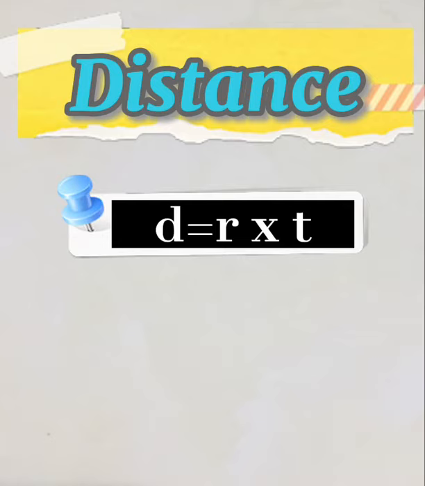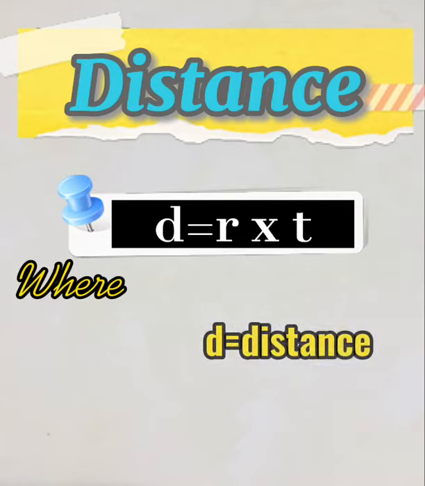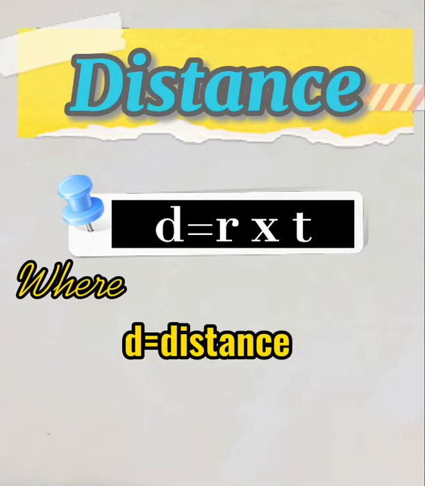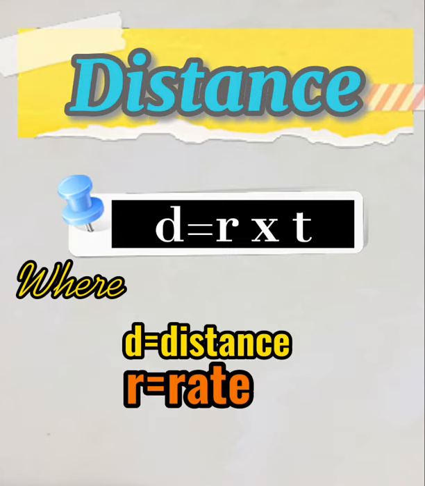First, when we are tasked to find the distance in a certain problem, we have the formula d is equal to r times t, where d stands for the distance, r stands for the rate, and t stands for time.